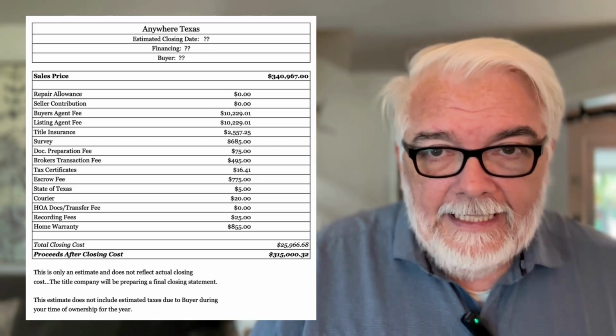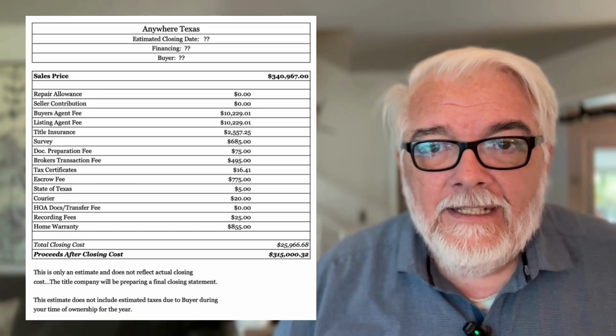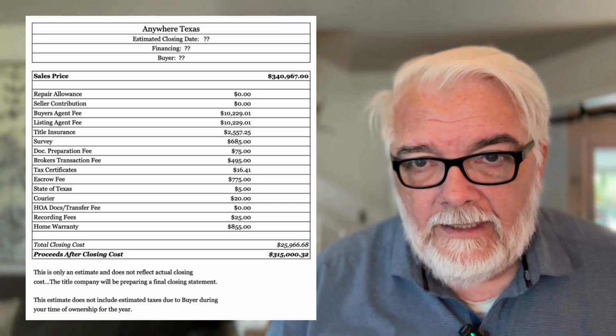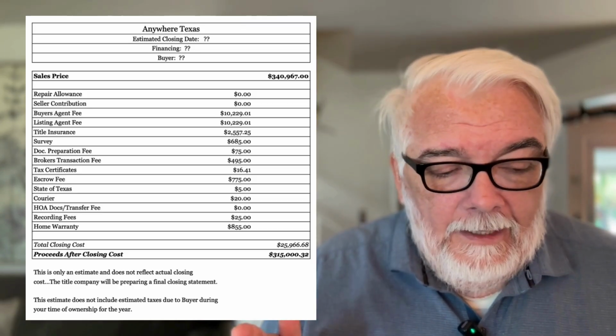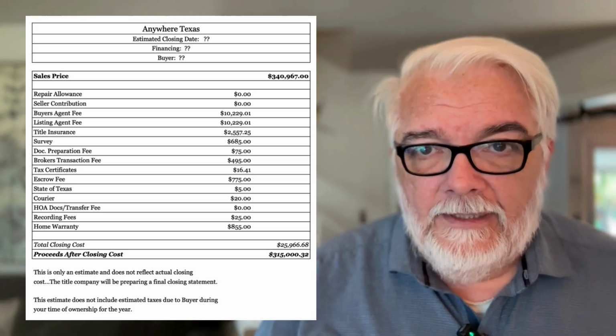Then I go down and I have a second column of what are the expenses associated with the sale of the property. The first two are seller contributions, seller allowances.